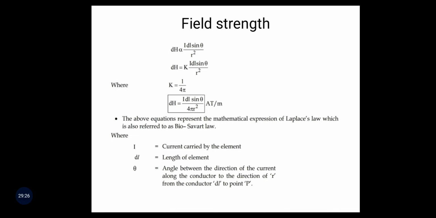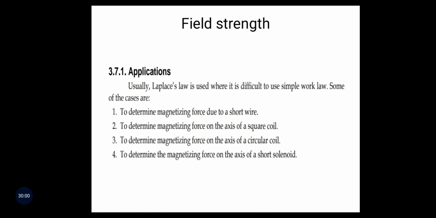Here I is the current carried by the element, dl is the length of the element, and theta is the angle between the direction of the current along the conductor and the direction of r from the element dl to point P.